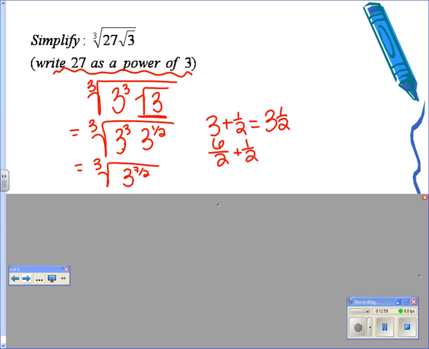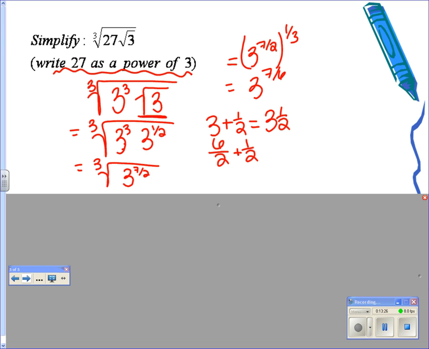Any other questions? Okay, what do we do from here? Raise what to the 1/3? The whole thing? Make sense? Which is what? 3 to the 7 over 6. Y'all see how that works? Any questions on that one?